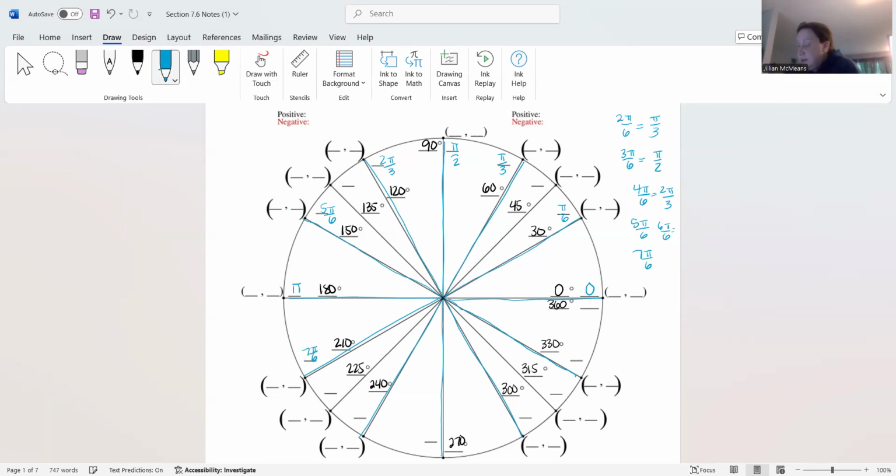And then we have 8 pi over 6, which reduces to 4 pi over 3. So that's 240 degrees. So 4 pi over 3. And then 270 is going to be 9 pi over 6, which reduces to 3 pi over 2.